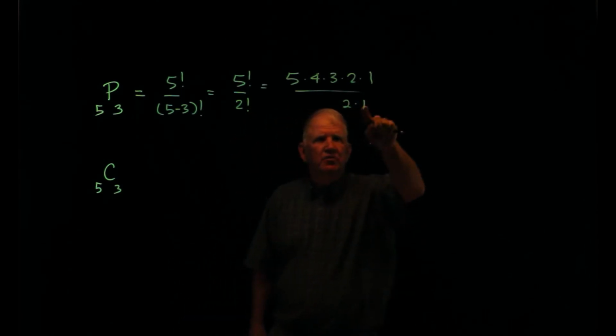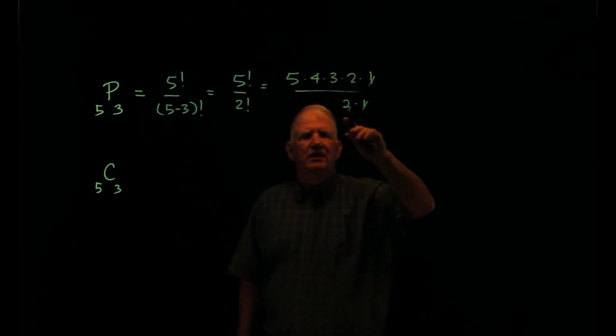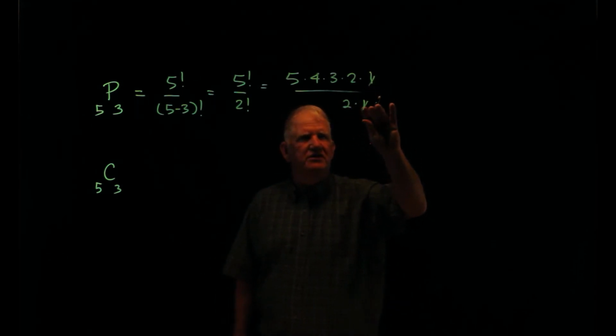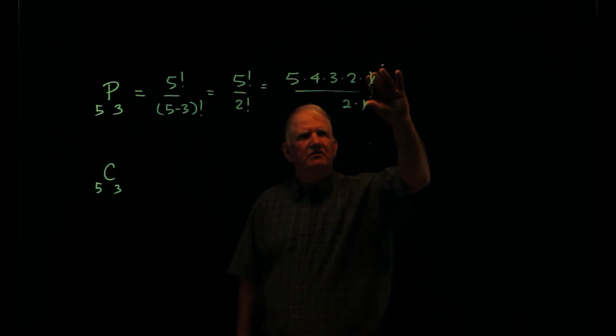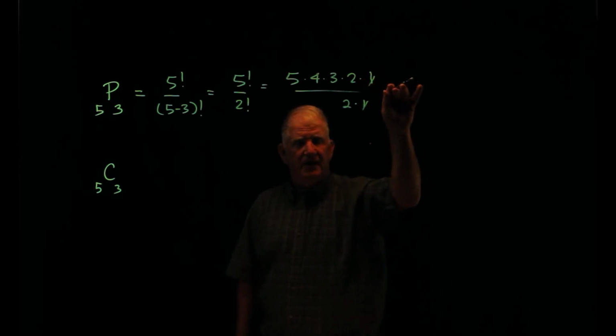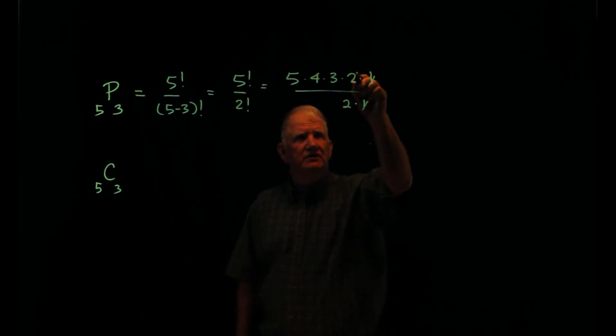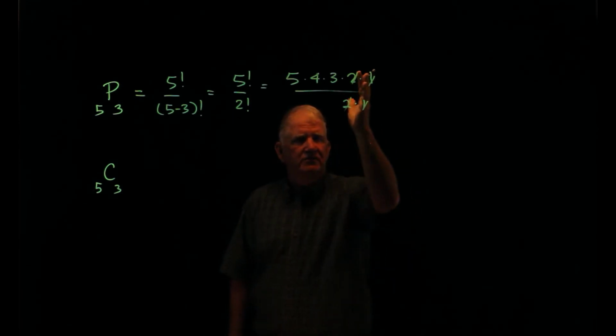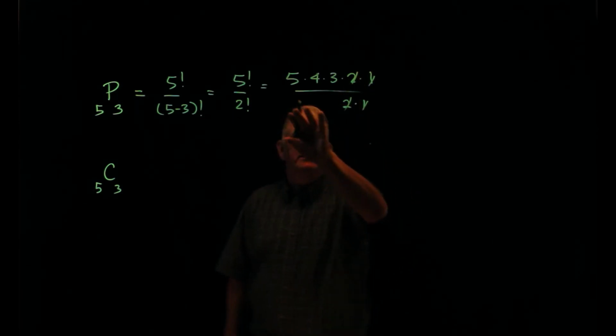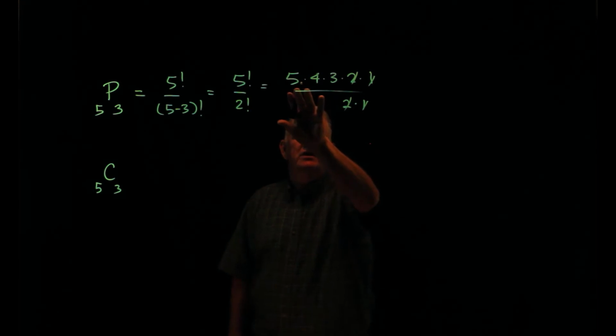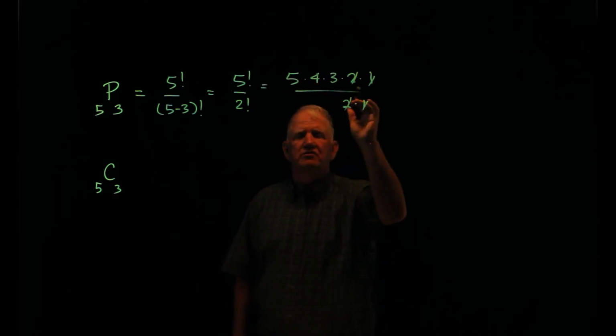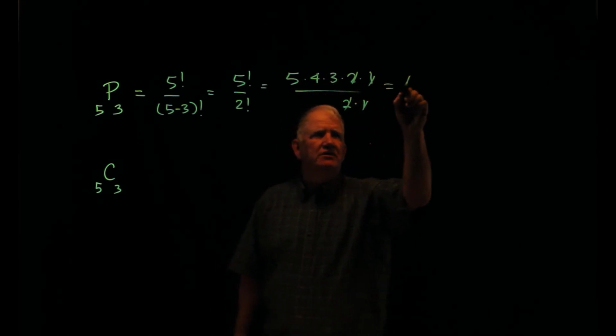So that 1 divides into the 1 one time. Careful with that slash. That slash just means 1 divides into 1 one time and makes a factor of 1. Likewise, 2 divides into 2 and leaves a factor of 1. All right? That leaves this fraction as just 5 times 4 times 3 divided by 1, or 60.